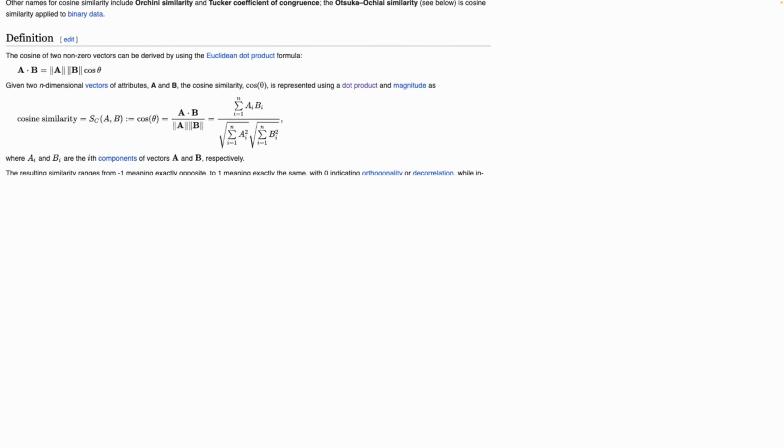Now that we have a little bit of an idea of what we're doing, let's find the angle between our normal up vector and the change in x direction, which we call v. To do this, we can use the cosine similarity, which states that when we have two vectors in the 3D plane, we can find the cosine of the angle between them, theta, by taking their dot product and dividing by both of their magnitudes.